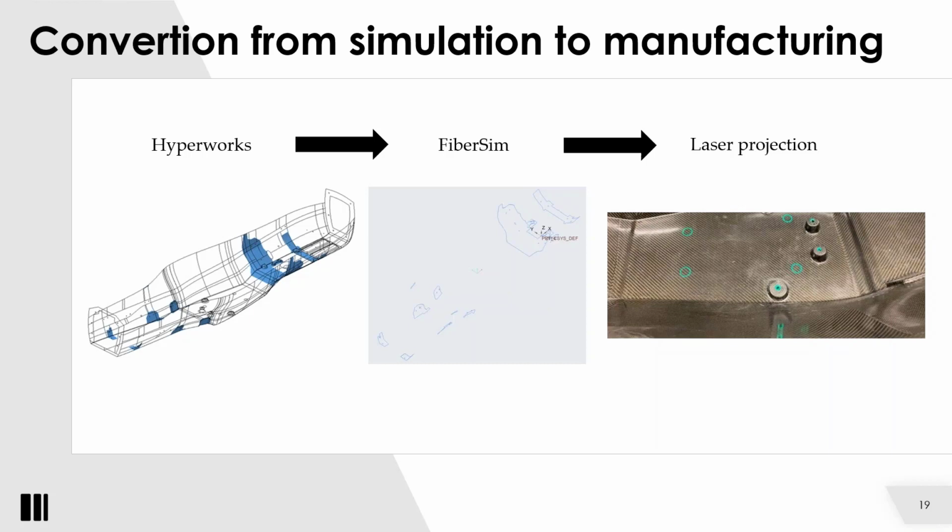Because if you simulate all of it and then later on you put your patches a bit more to the left or a bit more to the right, or it's not the same direction, your simulation and your monocoque will be two different parts, and that's something you don't want.